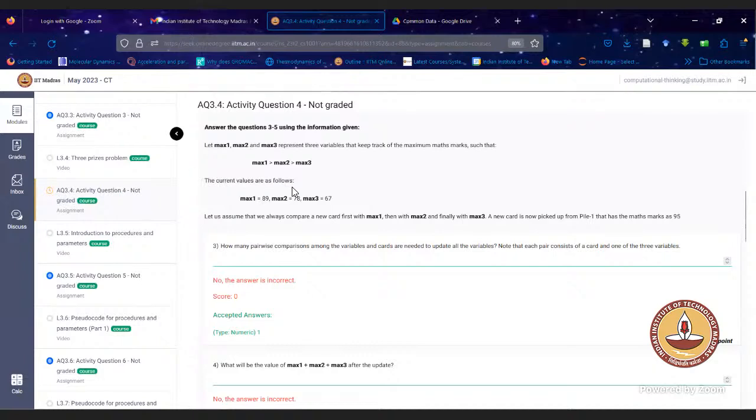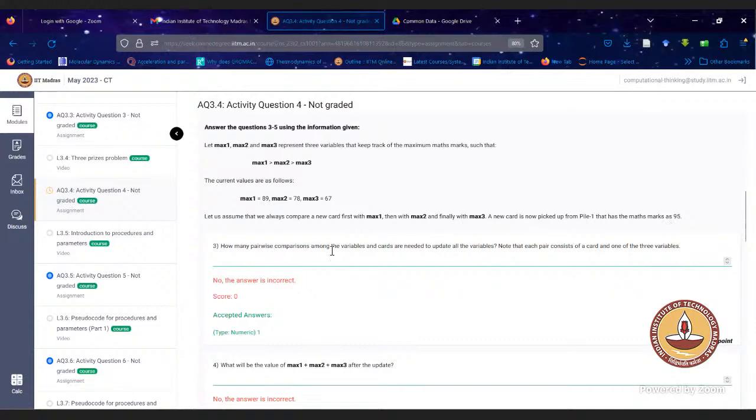The current values are as follows. Let us assume that we always compare a new card first with max 1, then with max 2, and finally with max 3. A new card is now picked up from pile 1, and that has math marks 95.